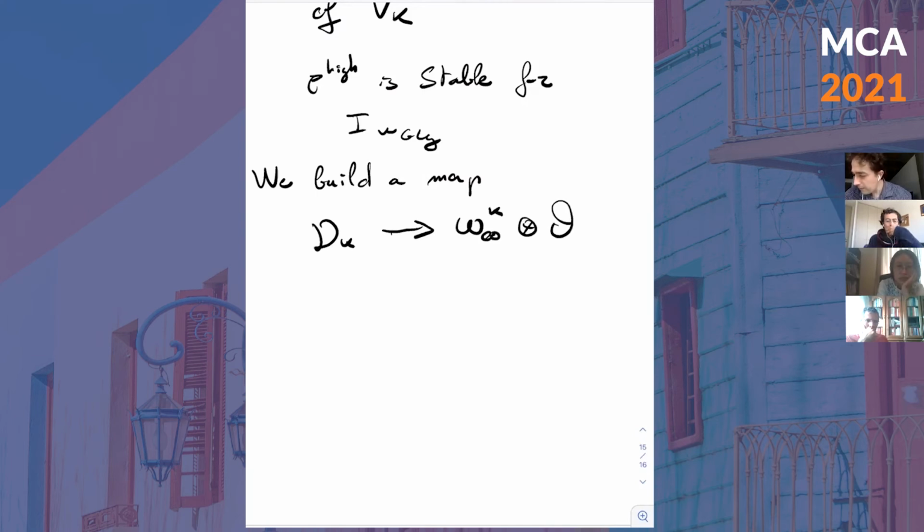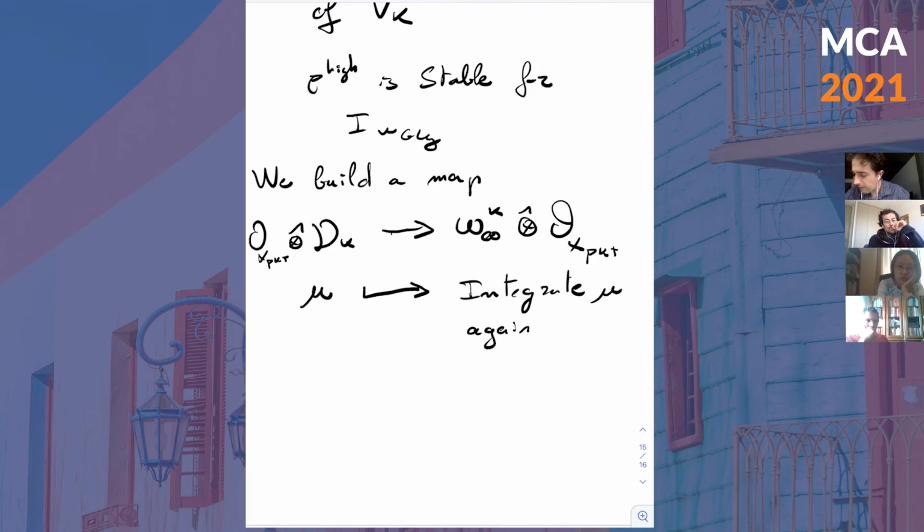Again, I need to tensor with the pro-Kummer-étale site and complete. That somehow projects these distributions mu, and I'm going to integrate mu against the highest weight vector.